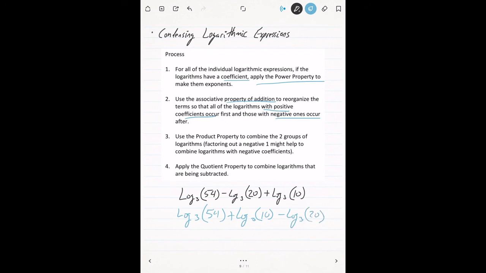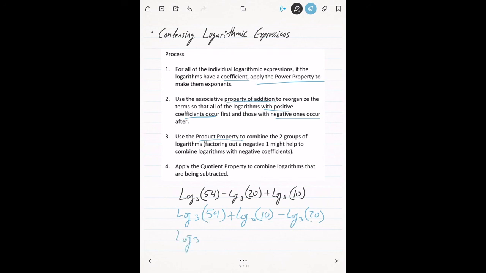Okay, I've done that. Now, use the product property to combine the two groups of logarithms. Well, notice that I'm adding logarithms here. I had that property that said if you're adding logarithms and they're the same base, that's important, they all have to be the same base, you could just multiply their arguments together.